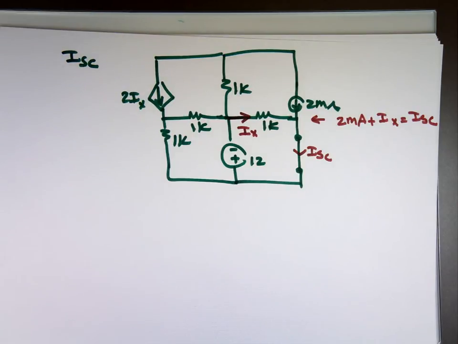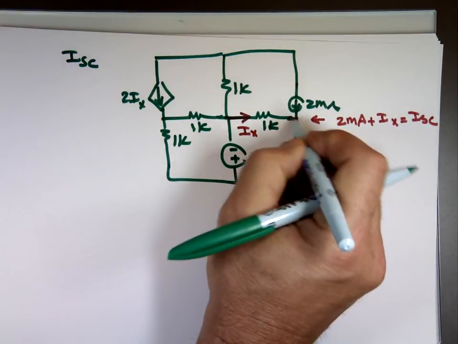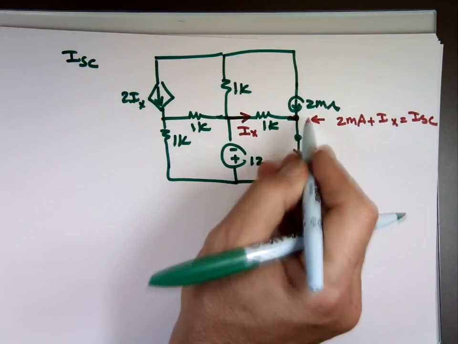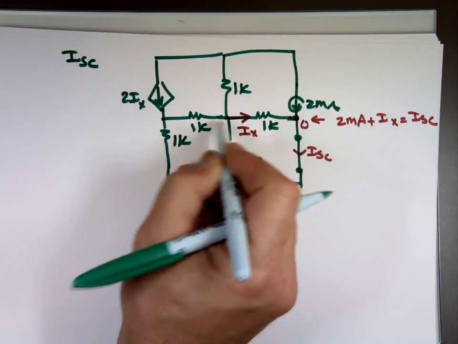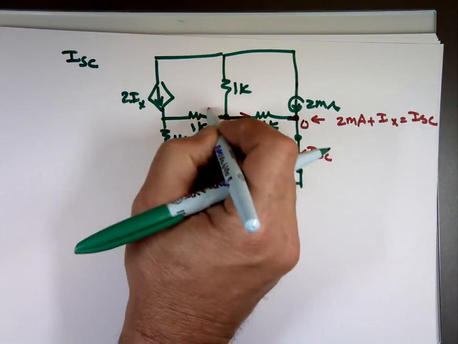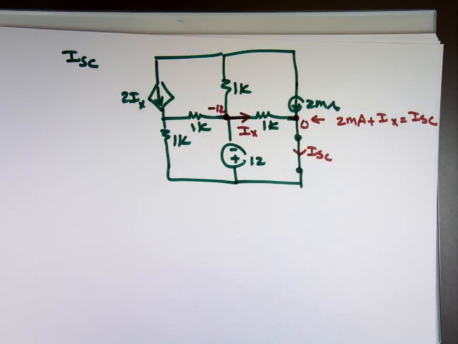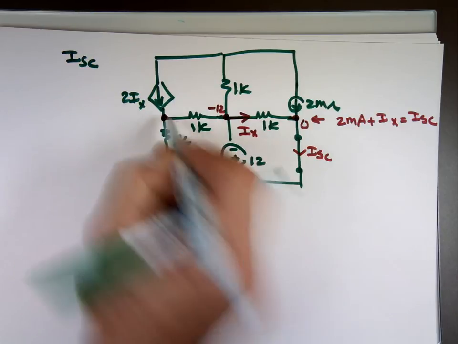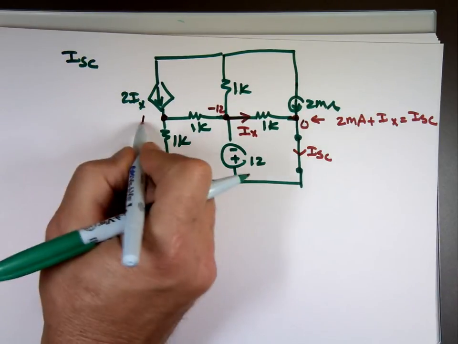What's my voltage here? Here, 0. What's my voltage here? How about negative? What's my voltage here? Unknown, right? What's my voltage here?